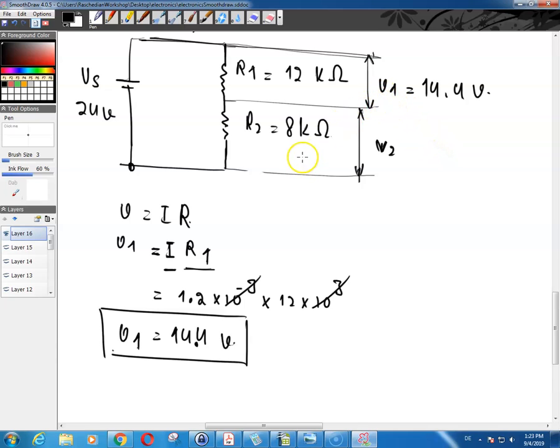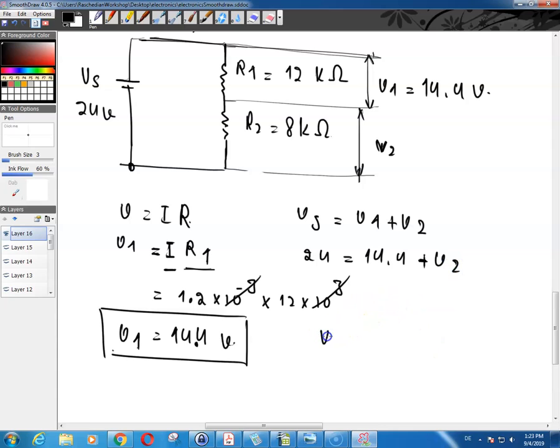Now, you don't really need to calculate V2 as well, because since it's a series circuit, you know that V of S is equal to V1 plus V2. So you can write 24 is equal to V1, which is 14.4, plus V2.